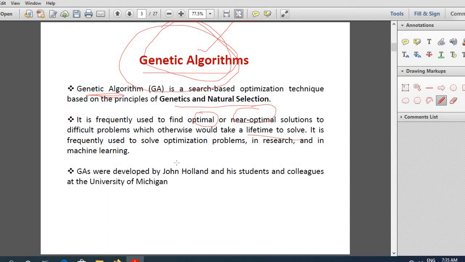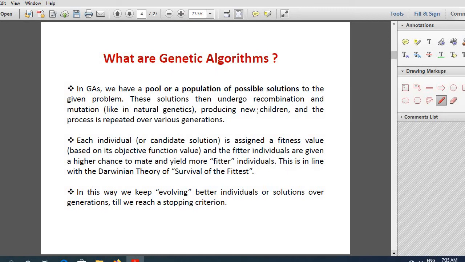And GA was developed by John Holland and his students at the University of Michigan. Now, what are genetic algorithms? Actually, what we have in a genetic algorithm is a population, or group, of possible solutions to a given problem. These possible solutions then undergo recombination and mutation to produce new children, and this process is repeated over various generations.